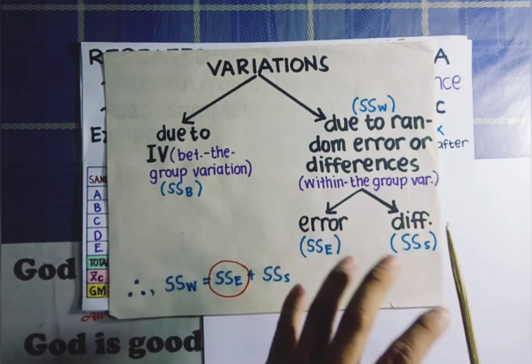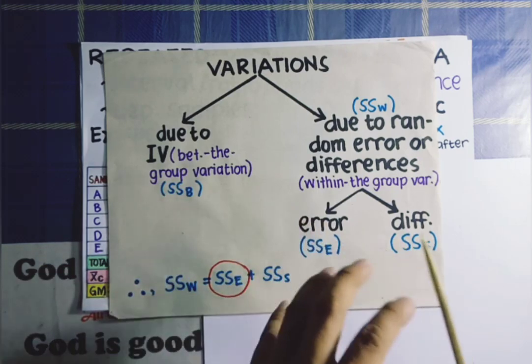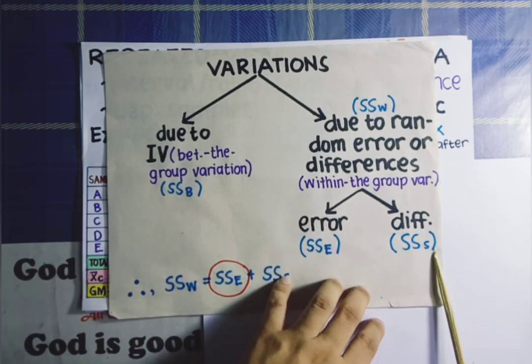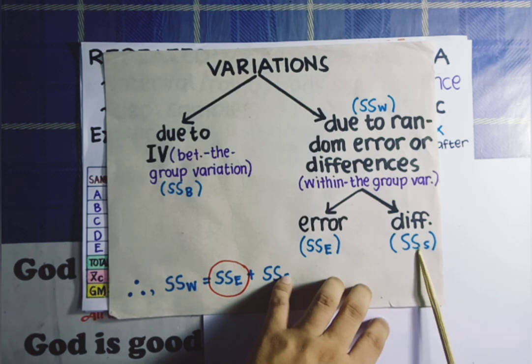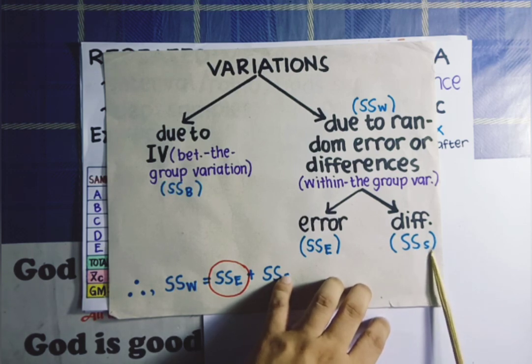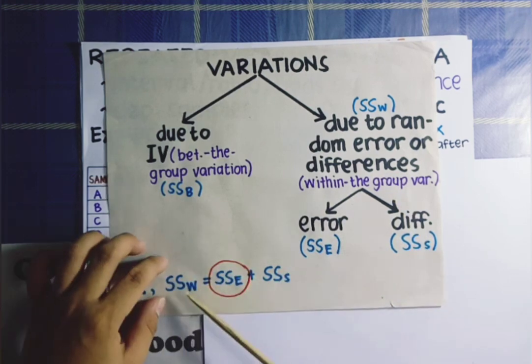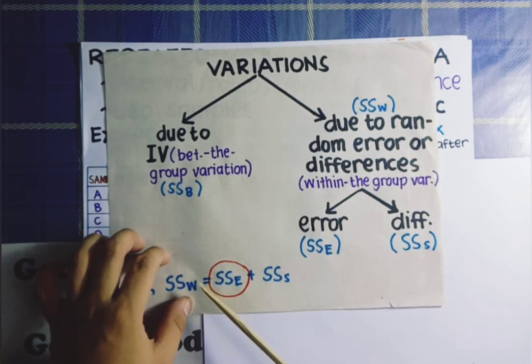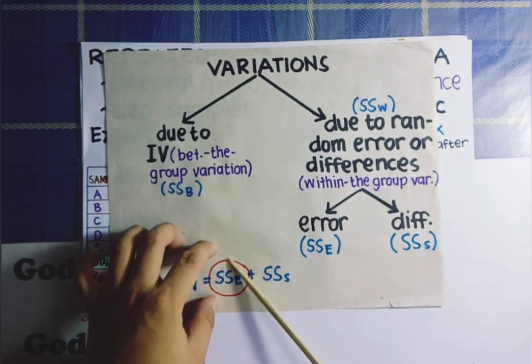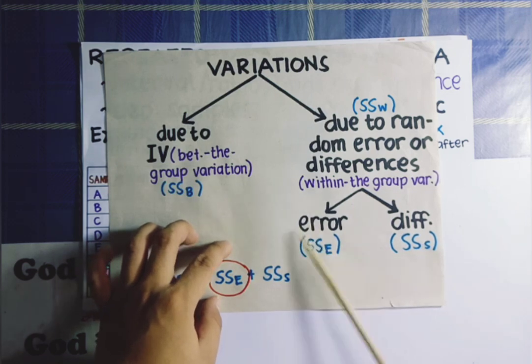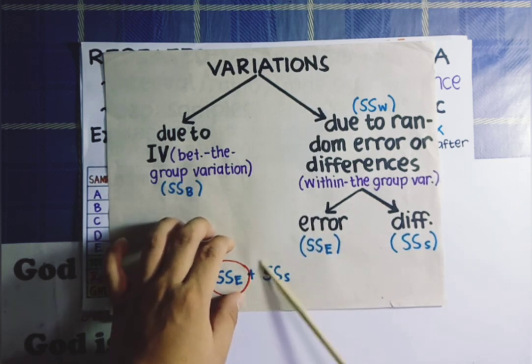And that is represented in ANOVA by our SSS or the sum of squares subjects. Therefore our sum of squares within the group is just the sum of the sum of squares error and the sum of squares subjects.